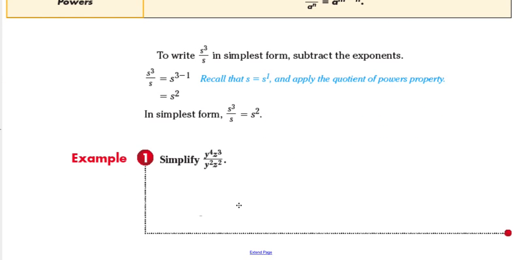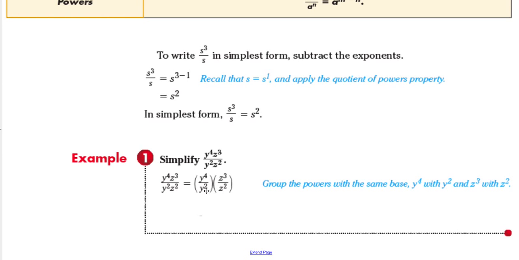Let's apply this in example number 1. y to the 4th z cubed, all over y squared z squared. First and foremost, we'll copy the problem. Then we break it down using the associative property. We now have y to the 4th over y squared times z cubed over z squared.